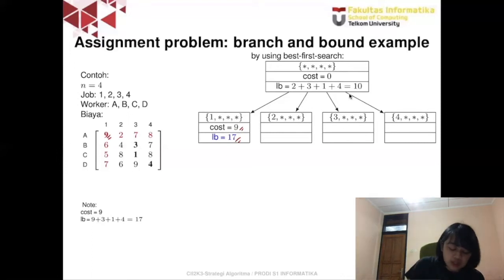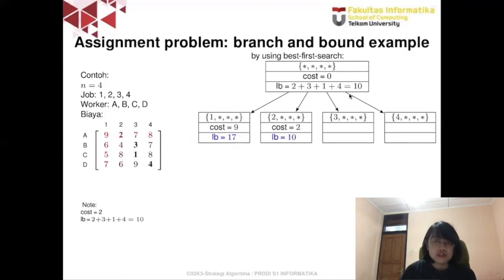Because for worker A, we already know that we will pay the worker $9, and for worker B the minimum we can pay is 3, and for worker C the minimum we can pay is 1, and for worker D the minimum is 4. So we add 9, 3, 1, and 4 so that we have 17.